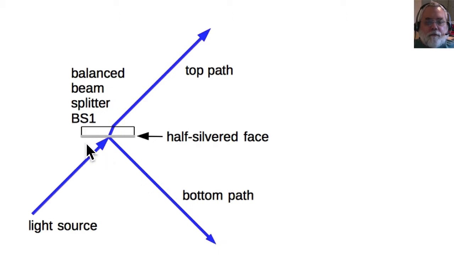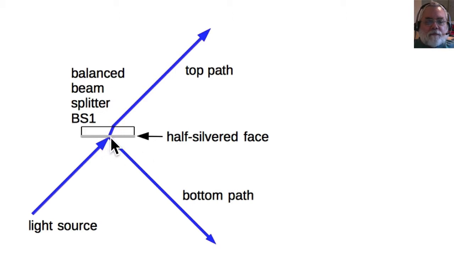This is the air interface of the half-silvered face, and that reflection will have its phase be inverted in that reflection. So the electric field will be inverted, or the photon wave function will be negated.